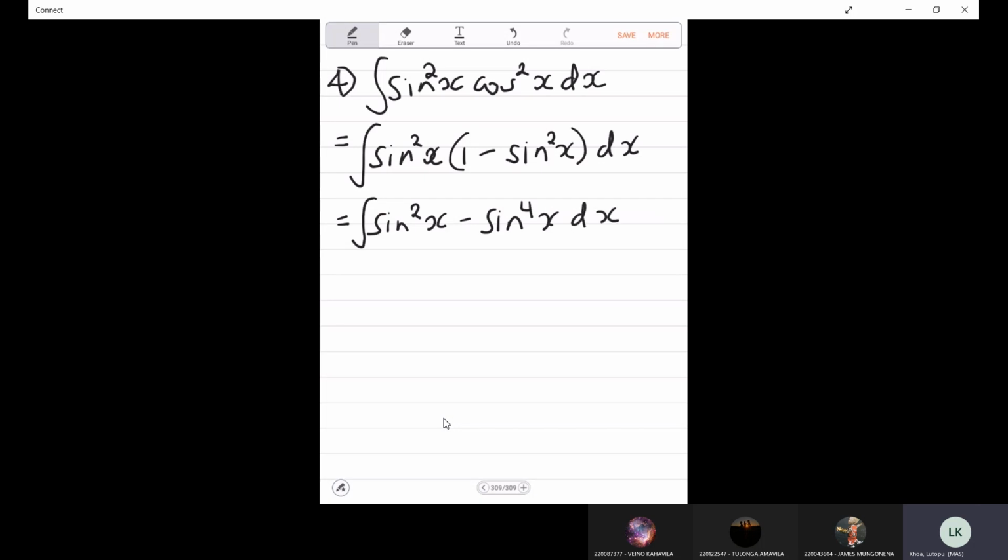So sine squared, we rewrite it in terms of our double angle, and this is a half, 1 minus cos 2x, that's sine squared. And then sine to the power of 4 is sine squared squared. So I have minus a half. Let me write it like this first. dx.